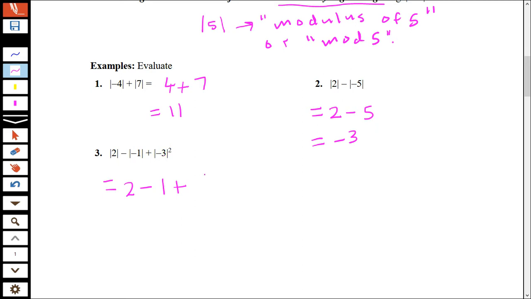Now the absolute value of negative 3 is just 3, isn't it? So that's 3 squared. Okay, so 2 minus 1 plus 9 gives you 1 plus 9, which equals 10.